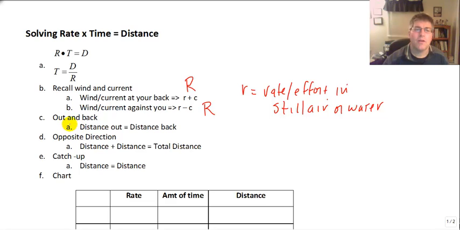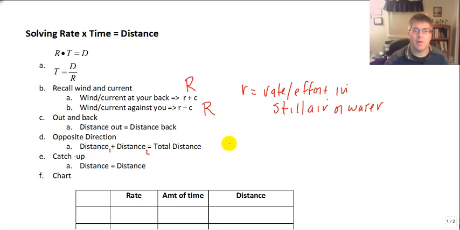And also remember, for out and back problems, the distance out equals the distance back, or round trip. When we are traveling in opposite directions, we know that the distance of one train or person or car or bus or whatever, plus the distance of the second one, equals the total distance. And that opposite direction can be going away from each other, or they can be going towards each other.